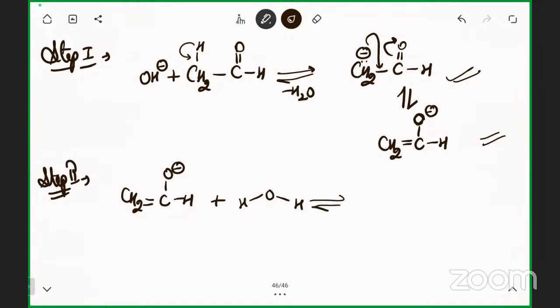This water molecule will break and it will again give the hydrogen atom. So it will be CH2 double bond C, O getting the hydrogen, H and single bond H, and this OH negative part will be eliminated.